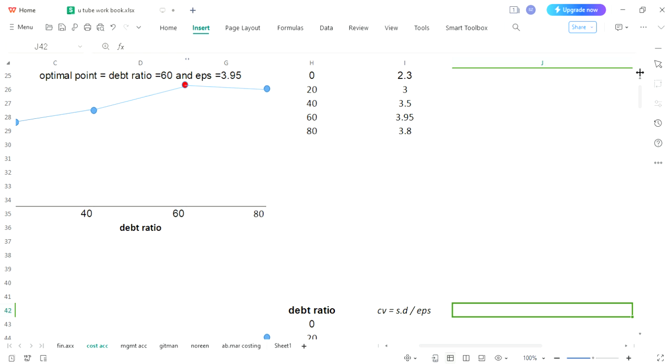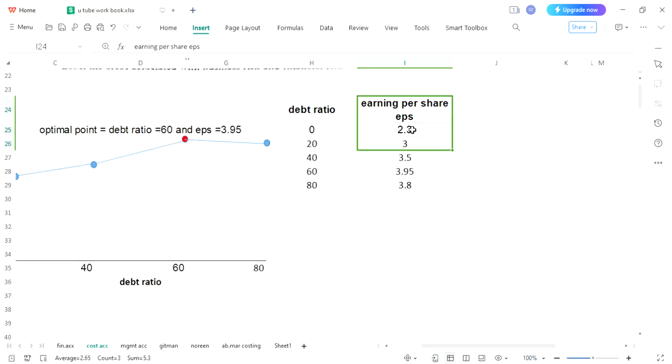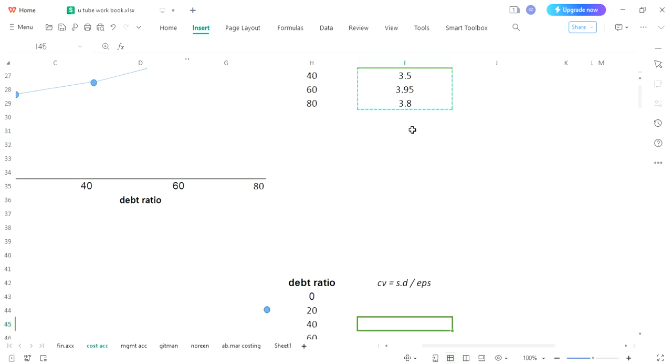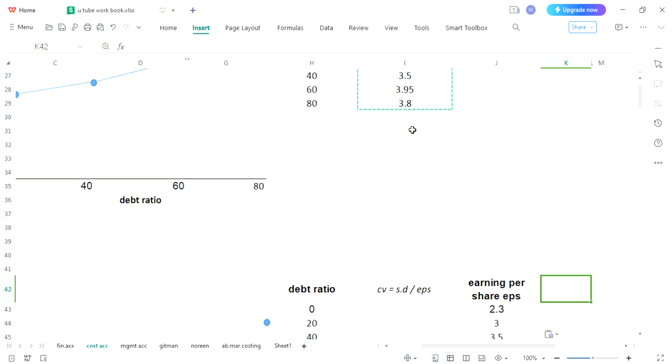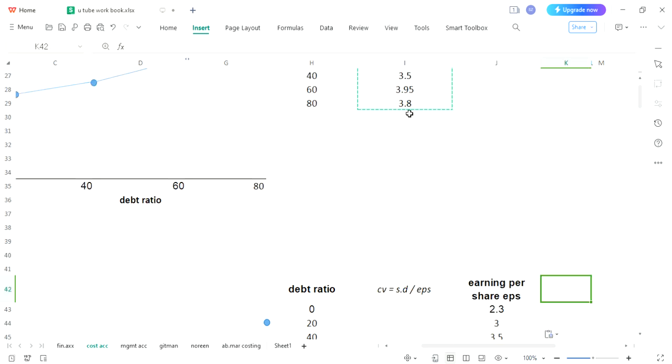At this stage you will note down how much standard deviation was. It was already mentioned. EPS we have written. Let's put it down over here. And standard deviation we need to write again. Over here you will write your standard deviation.